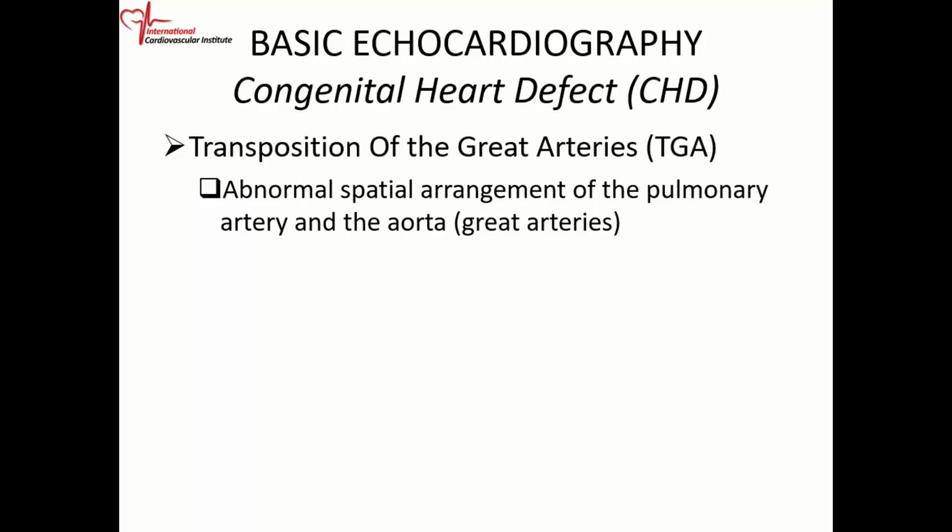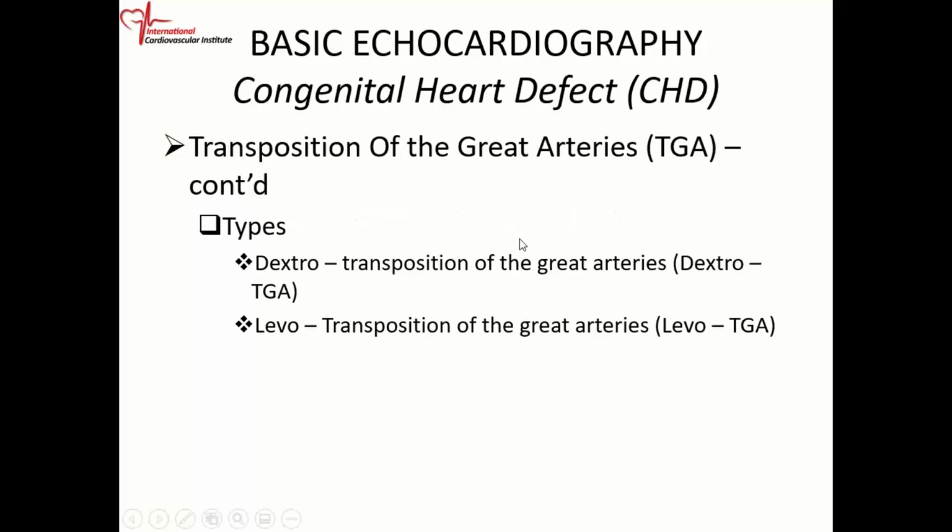But I'm going to give you a very simple way to understand this. So we have two types of transposition of the great arteries, and in the literature, you'll see it as TGA. You have the dextro and the levo.